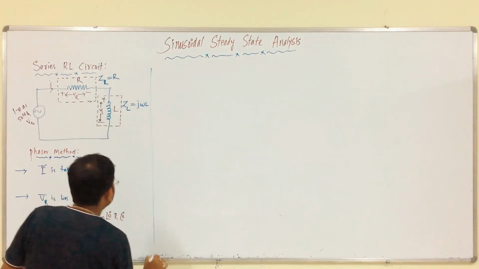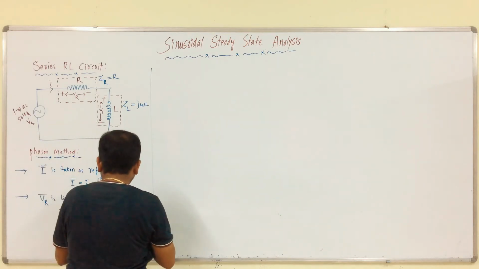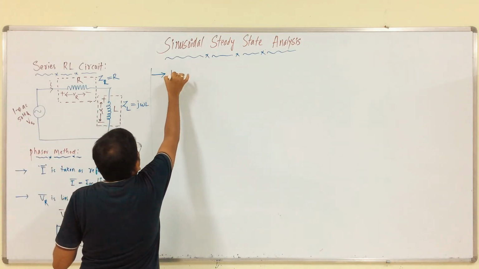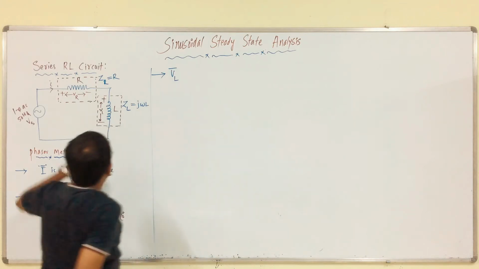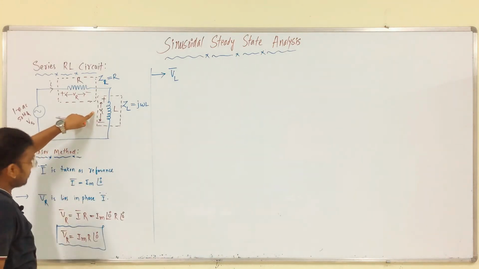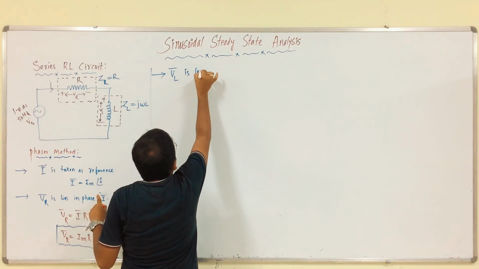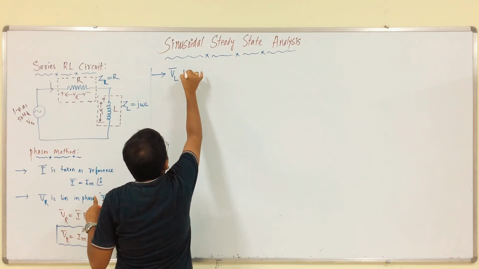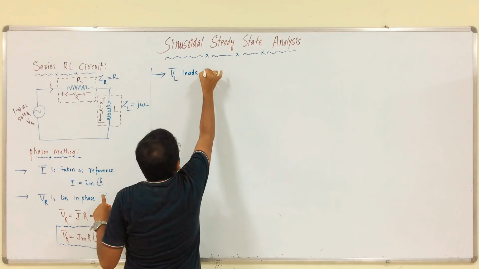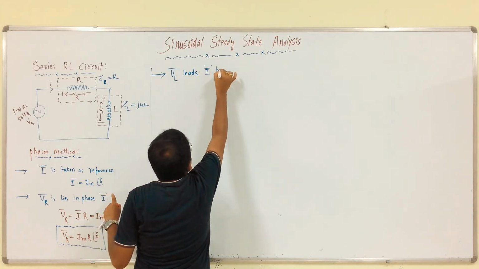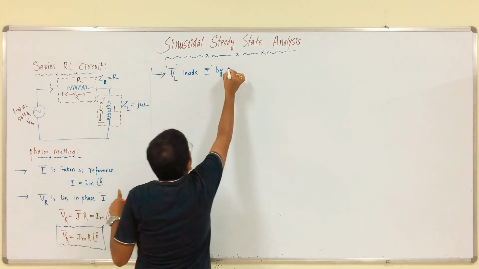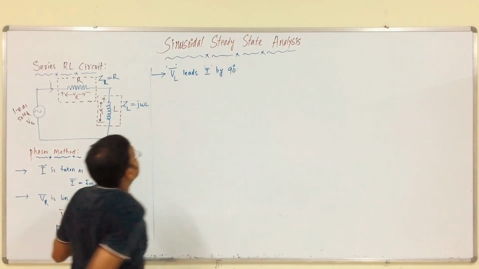Next, what about the voltage across the inductor, VL? VL leads I by how many degrees? 90 degrees, right?